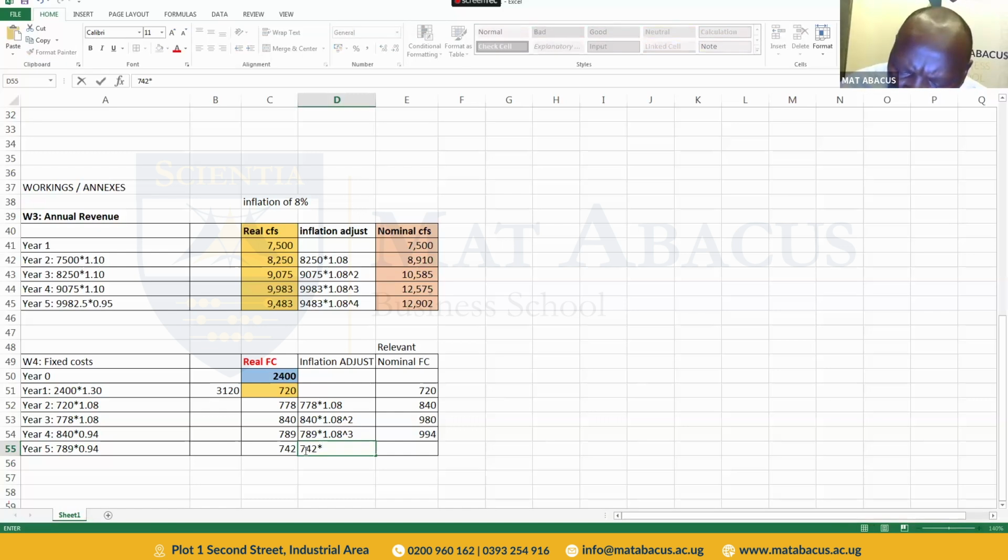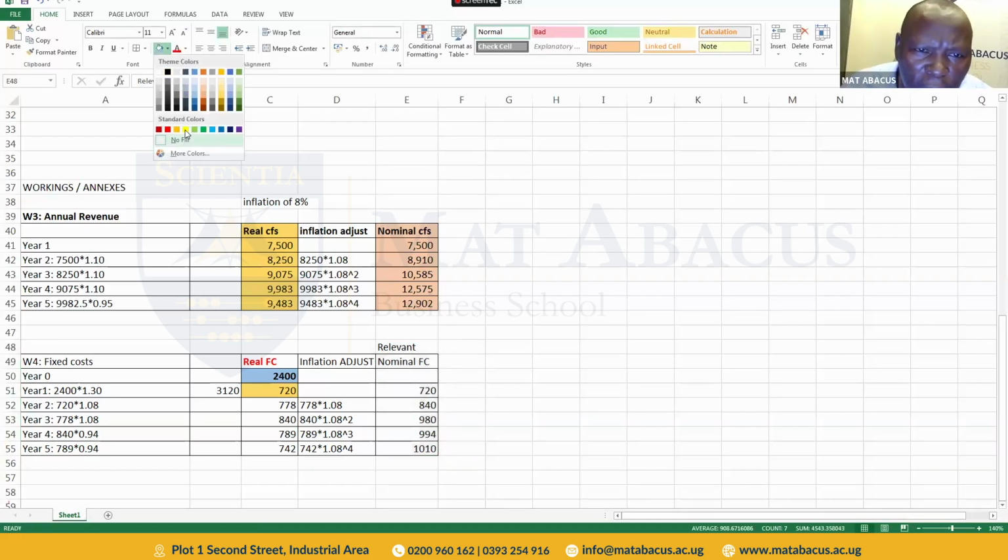Something to learn here is that inflation, the way I'm dealing with it, is to the power of 4, because the cash flow was not uniform. So it will be that figure multiplied by 1.08 to the power of 4. And therefore that should be what I'm looking for.